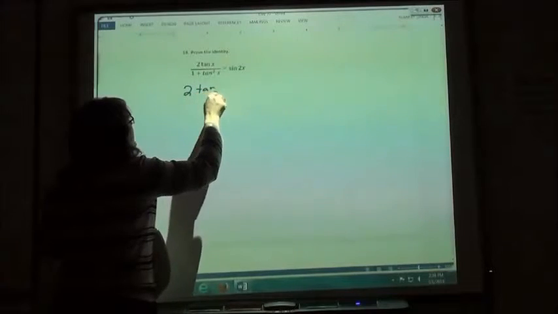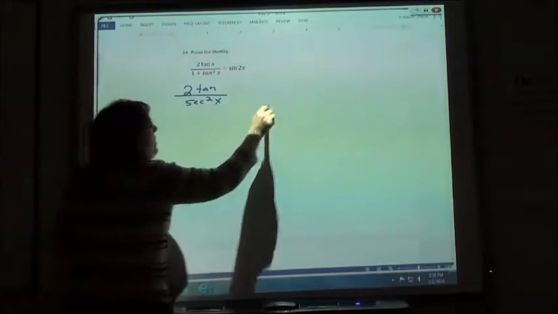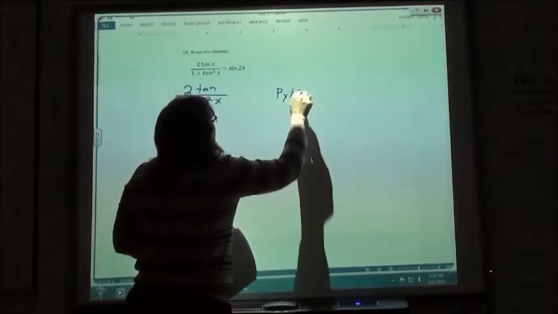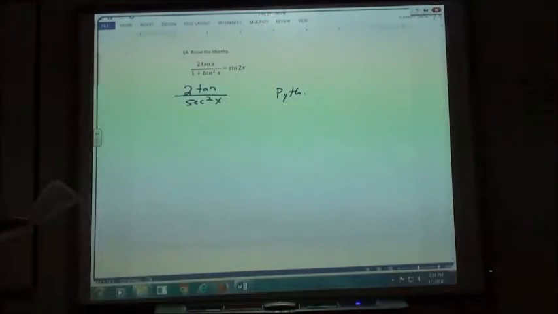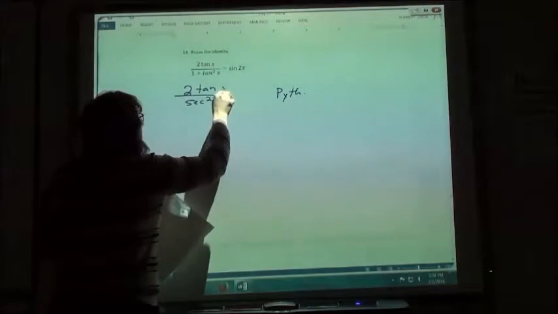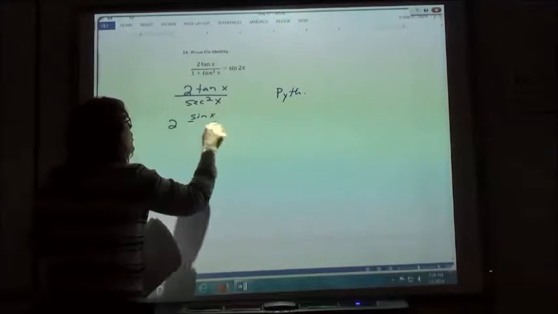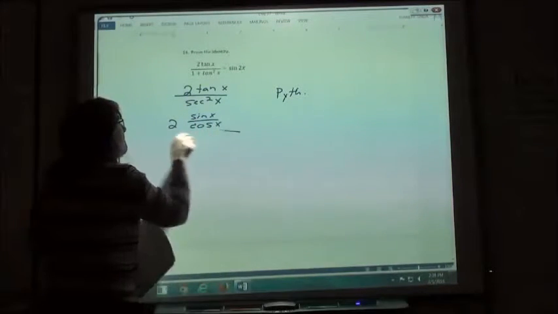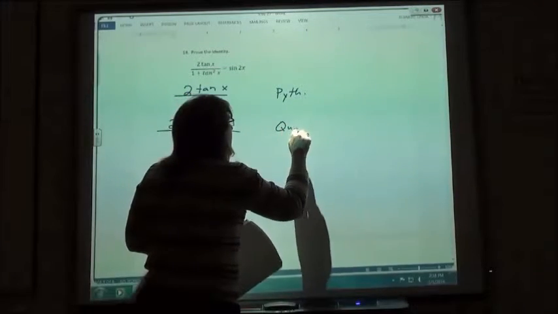So I'm going to just go ahead and do that. 2 tangent of x over secant squared of x using my Pythagorean identity. Then I'm going to go ahead and substitute in for my tangent of x. Tangent of x would be sine of x over cosine of x. That's my quotient identity.